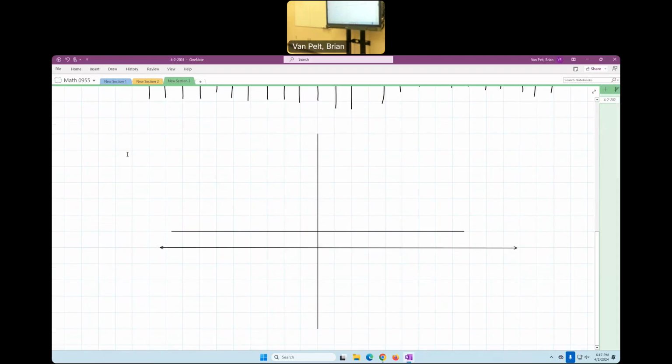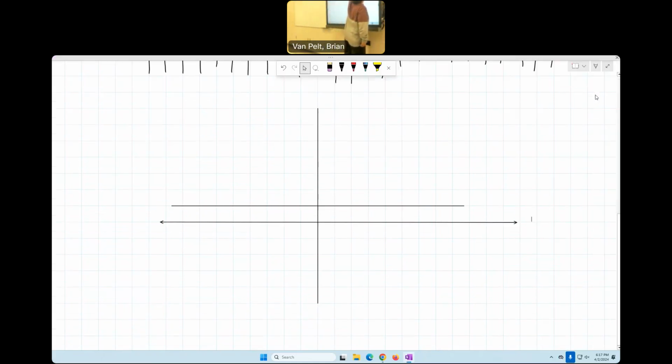And I'm gonna shade on top of it, but watch what I do this time. I don't want to go sideways. For this one I want to shade above this line. You see the arrows on the end of it, that means I want to shade above it. So what I do when I shade above it is I do this.